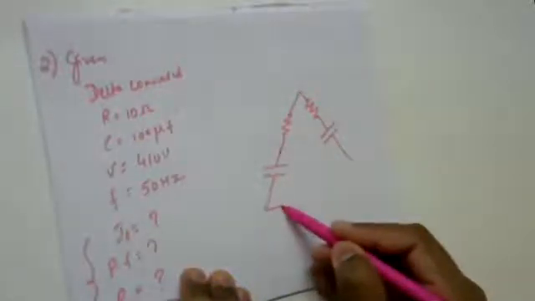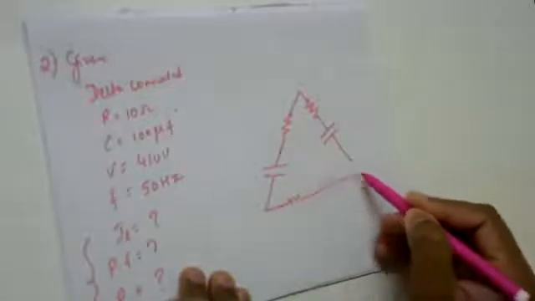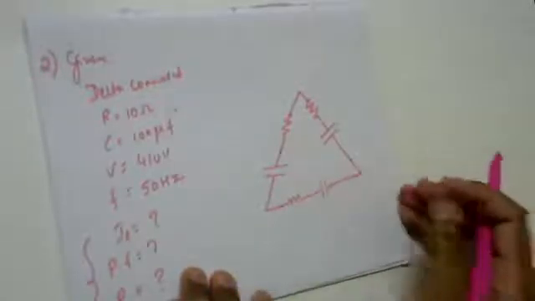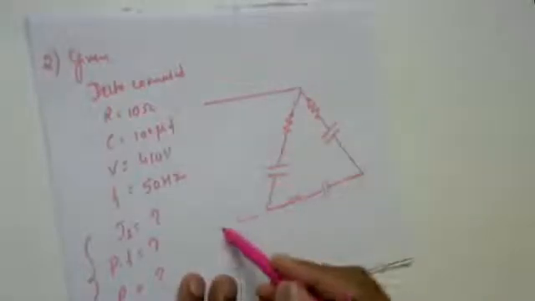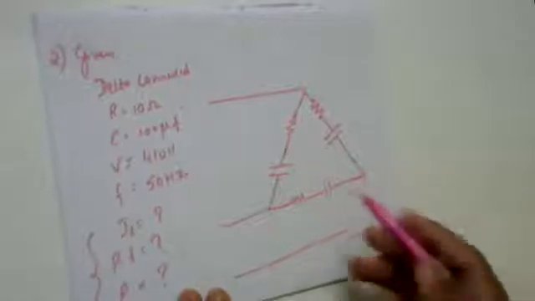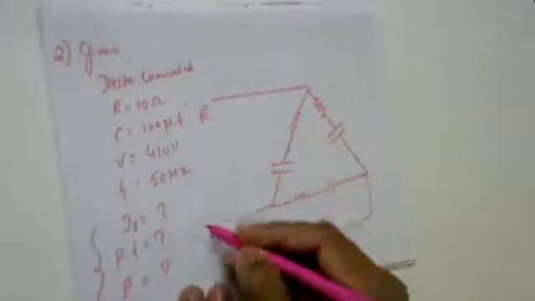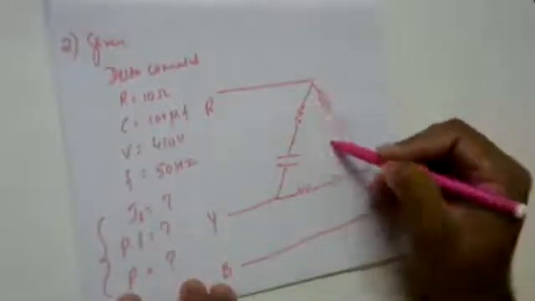Similarly, resistance in series with the capacitance. So this is my R phase, the Y phase, and the B phase. This is the impedance which is being seen.